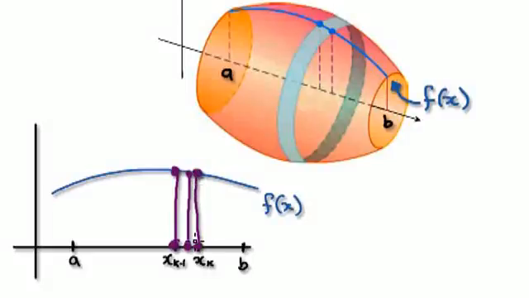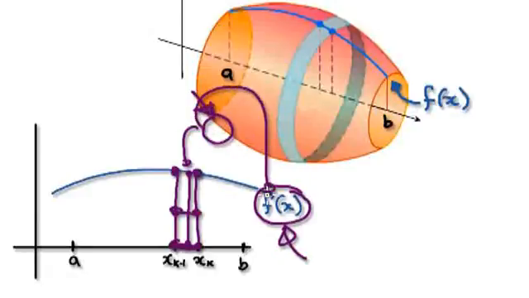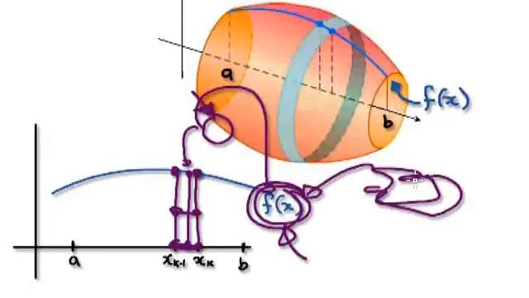Then as you make this width smaller and smaller, the middle one will lie dead on top of f of x, and then you can use f of x to do all your calculations.